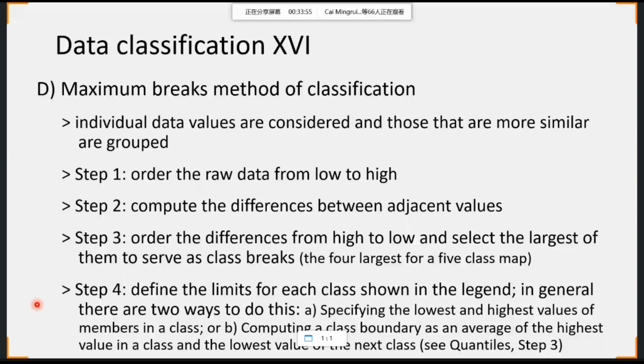In general, there are two ways to do this, and this is the same as before. Specifying the lowest and highest values of members in a class, or computing a class boundary as an average of the highest value in a class and the lowest value of the next class. So this is just the same as in quantiles, step 3.